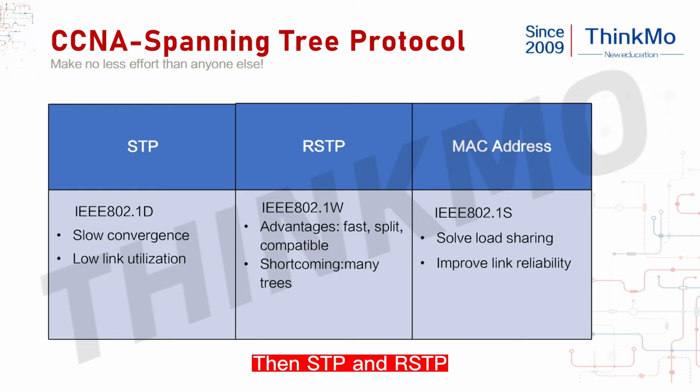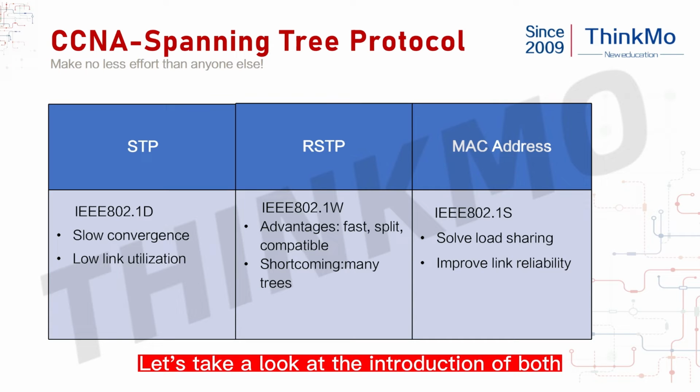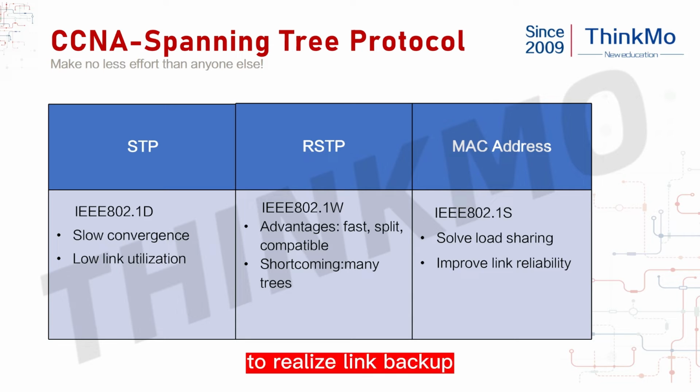Then STP and RSTP. What's the difference between them? Let's take a look at the introduction of both. In an Ethernet switched network, to realize link backup and improve network reliability, redundant links are usually used. But it brings network loop problems.